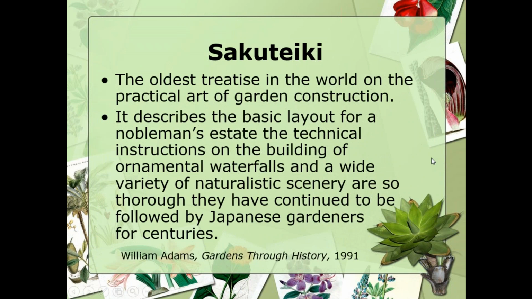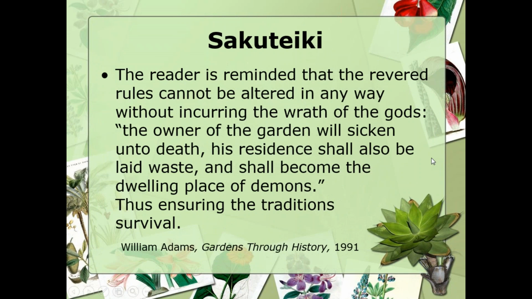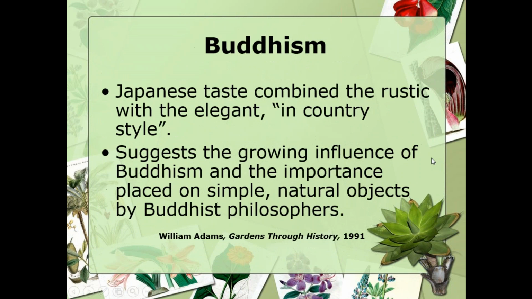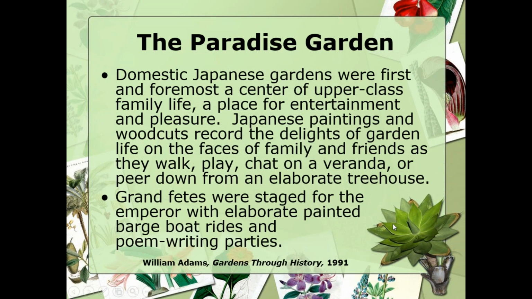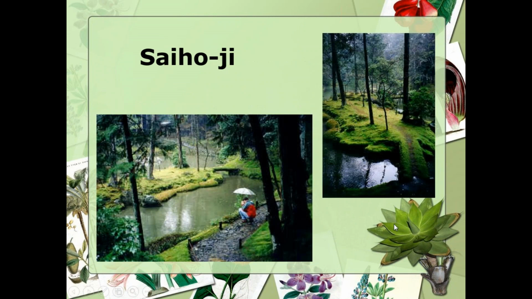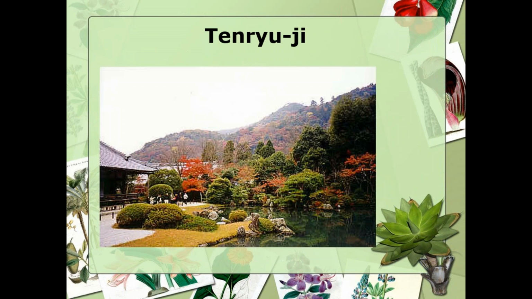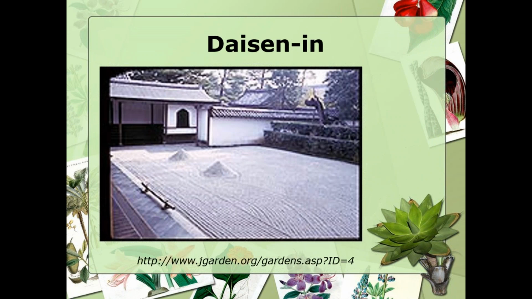And I'm going to move through a little bit, and you can continue on your own through these. So they will focus more on Buddhism. And here we see some of those paths. We talk about the transition in the Paradise Garden. Give varying examples.